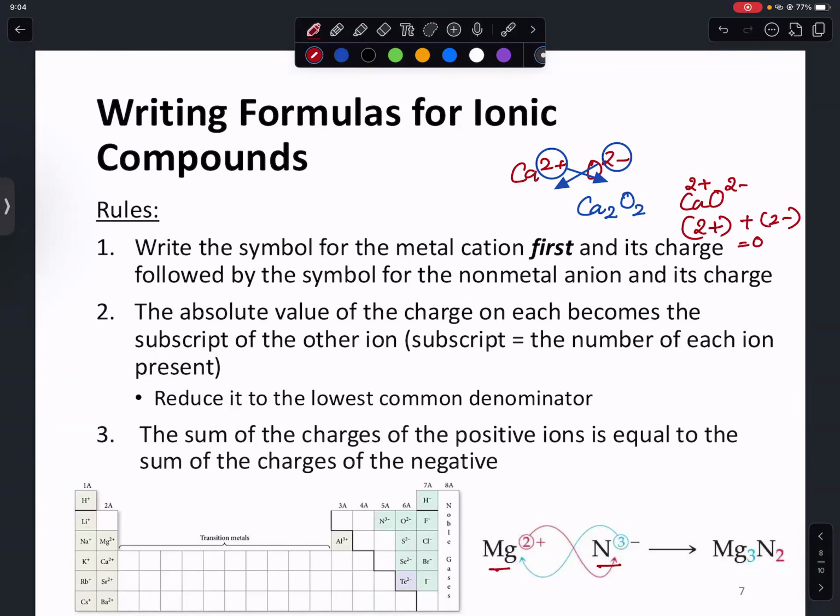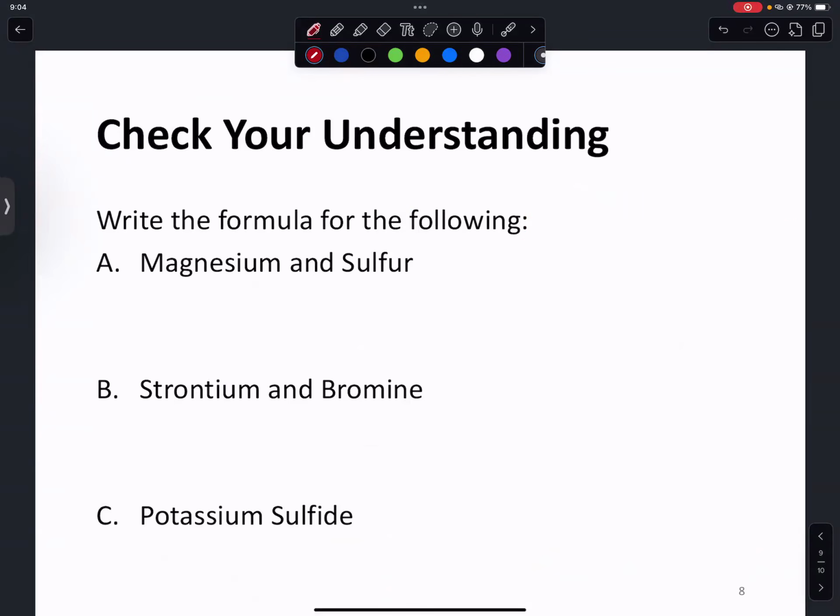Now let's check your understanding and see if we can together write the formulas for these combinations, A through C. Starting with magnesium and sulfur. Magnesium is a metal in group 2. Metals tend to lose electrons, so 2 plus. And then sulfur ion is a nonmetal, which tends to gain 2 electrons, so 2 minus.